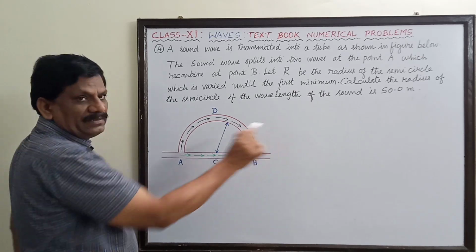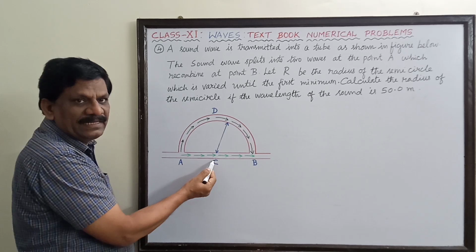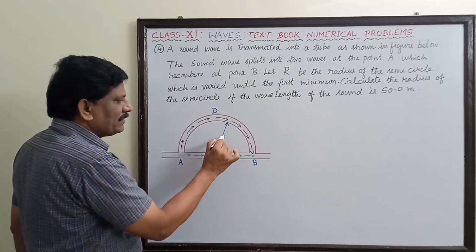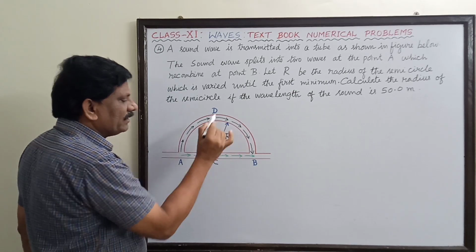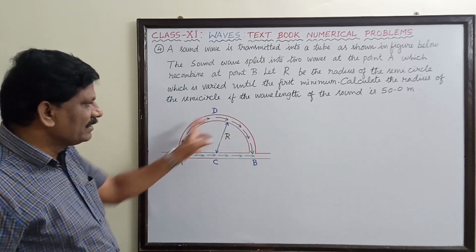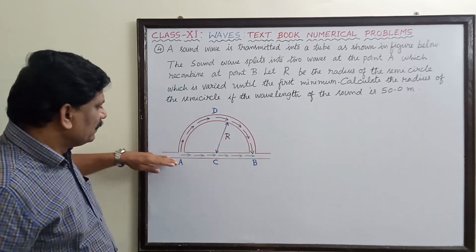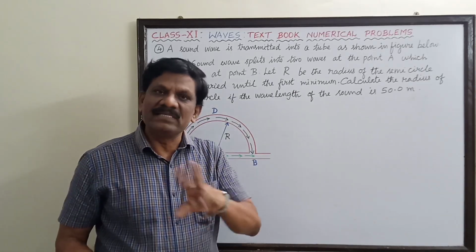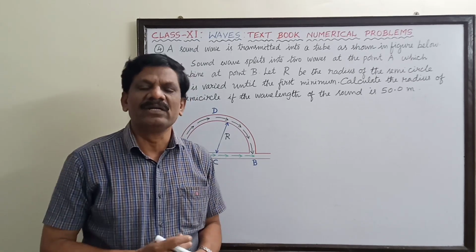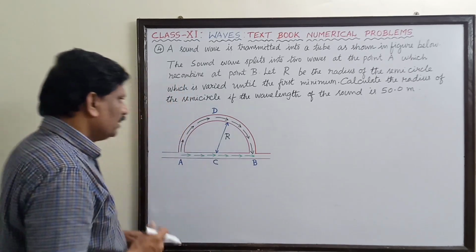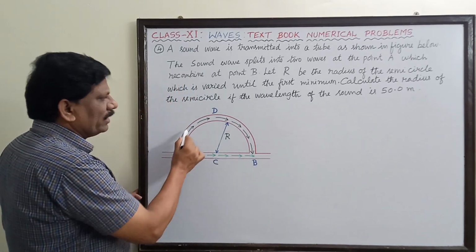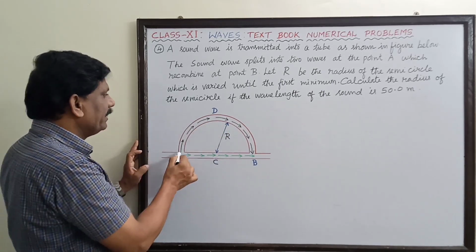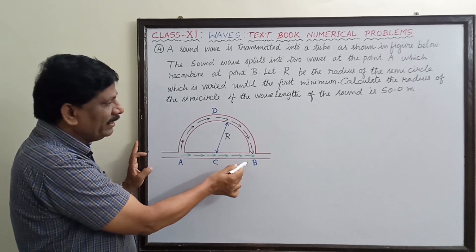One is straight from A to B through C. So that path is A, C, B. Suppose R is the radius of this semicircle, then the sound traveling along the path ACB is traveling twice the radius. Is it not? That is equal to the diameter. Another portion of the sound is traveling through a semicircular path, that is ADB.